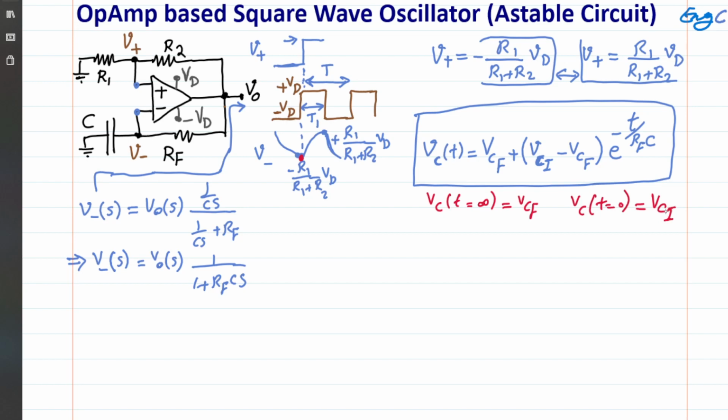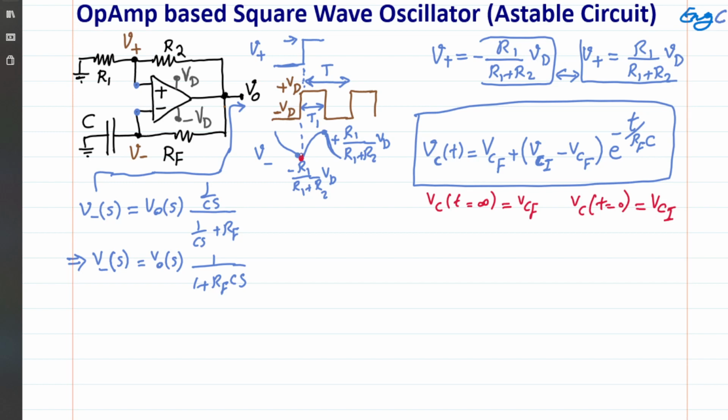You can obtain it by substituting t with 0 or infinity in this equation. Knowing that it's a simple RC circuit, this equation is also quickly obtainable by transforming the equation in the S domain back to the time domain. Okay, so let's start from here.